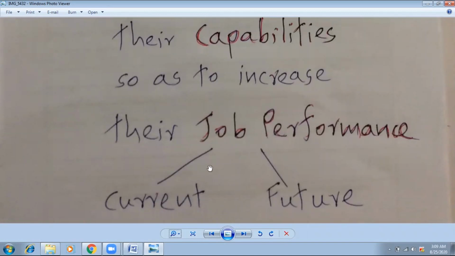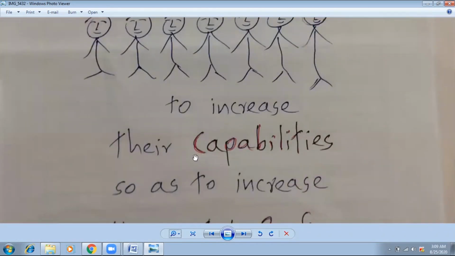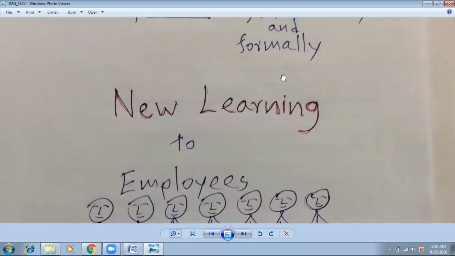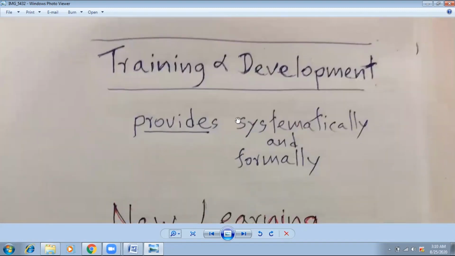So under training and development, we want to increase current job performance, also future job performance, through increasing employee capabilities. So this figure is a figure that shows the definition of T&D, training and development.